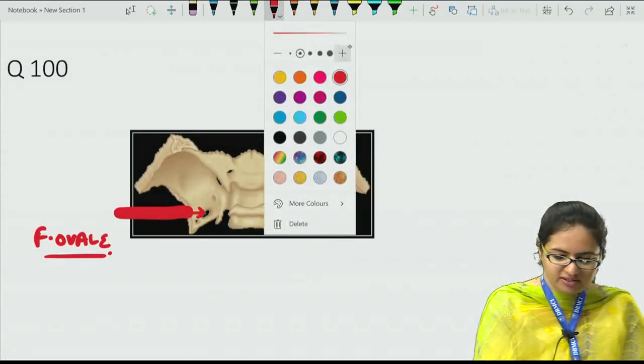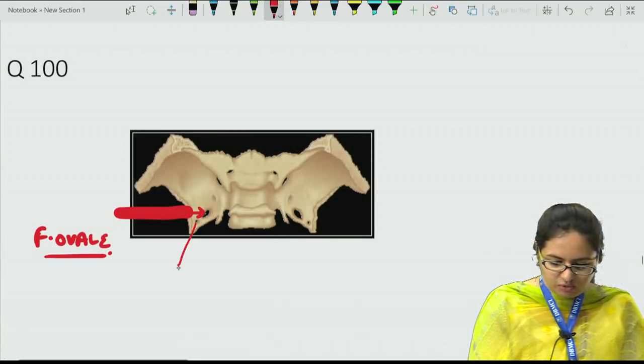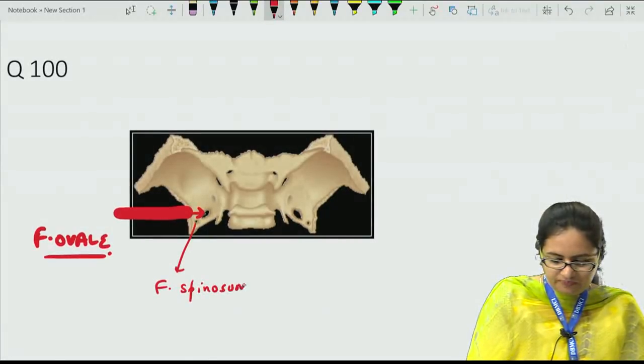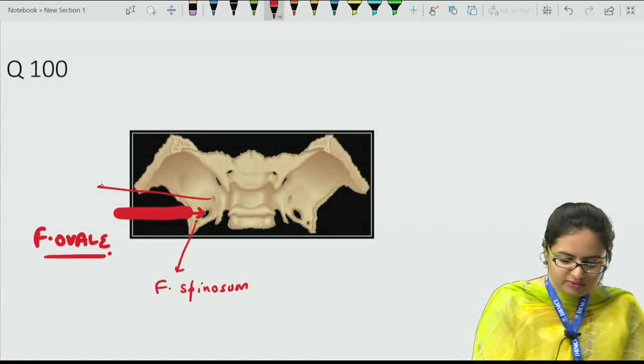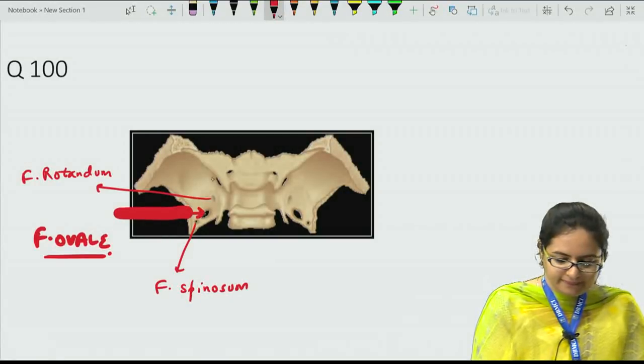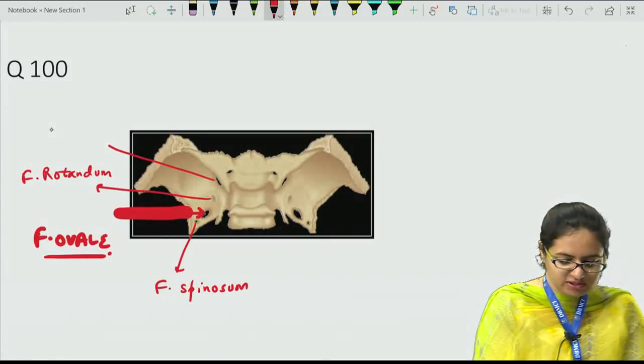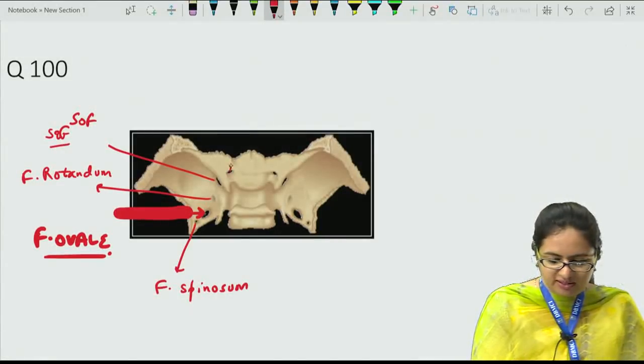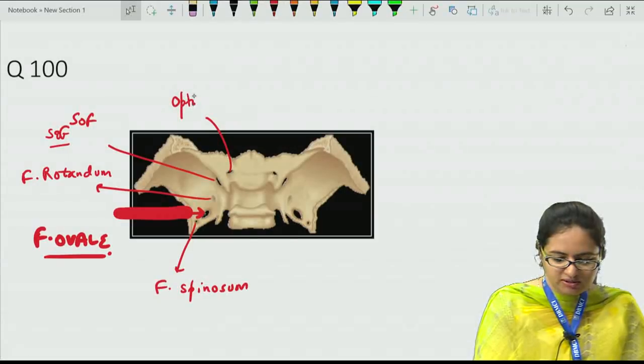If we identify the rest of the foramina, a small foramen just behind the foramen ovale is the foramen spinosum. Over here is the foramen rotundum. Then a small slit-like space seen over here is the superior orbital fissure, and towards the anterior aspect we have the optic canal.